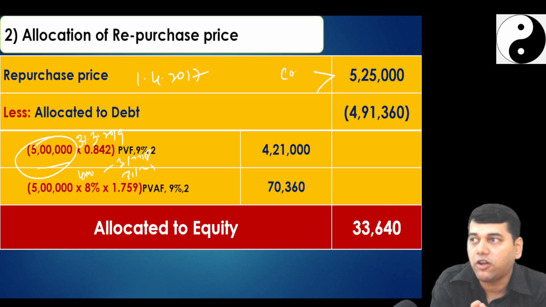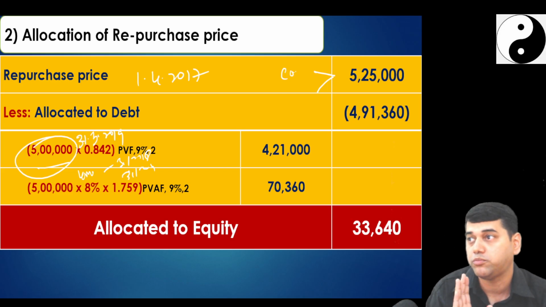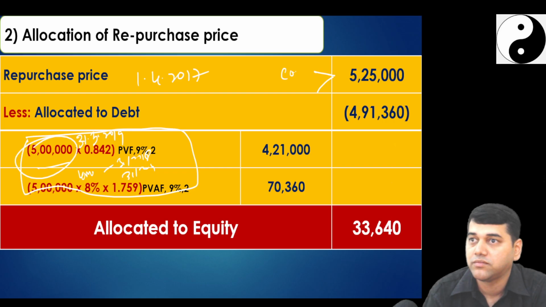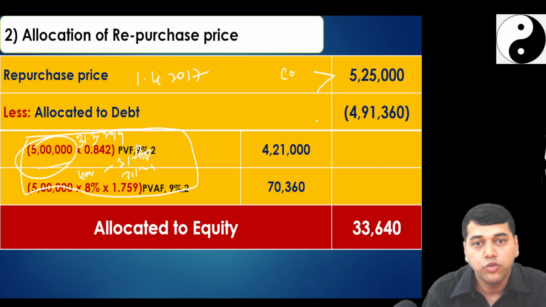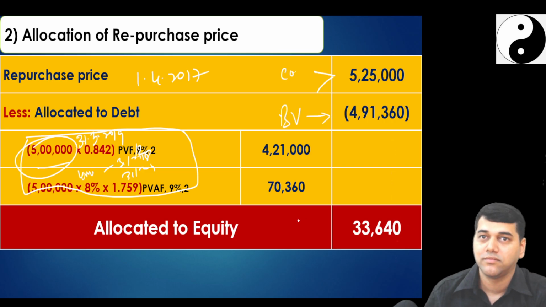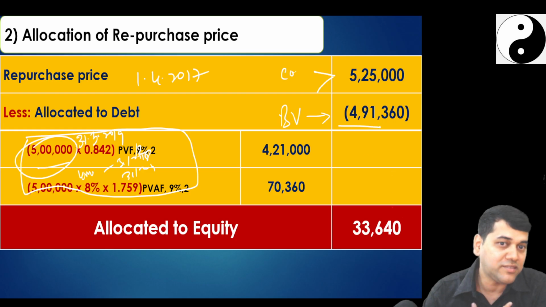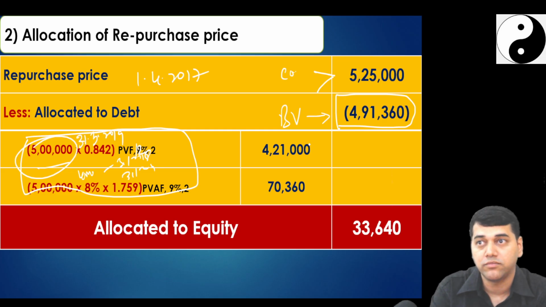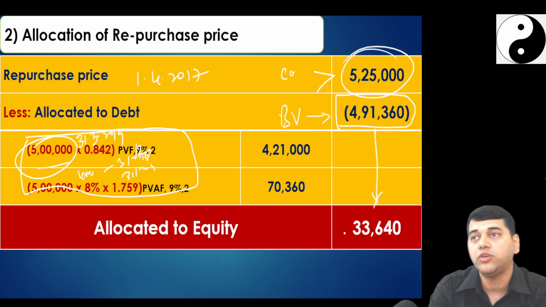Like this, if I want to make all the future payments right now with no profit, no loss to both the parties, then I will find out the present value of the future cash flows. Followed, no? So if I would have used the same discount factor of say 12%, you would have found out the book value. But you are not using the same discount factor, you are using 9%. That's why this is the amount of loan you should have paid considering today's fair value. What you paid is 5,25,000, so the differential portion will go to your equity.